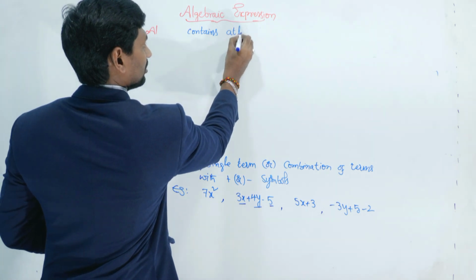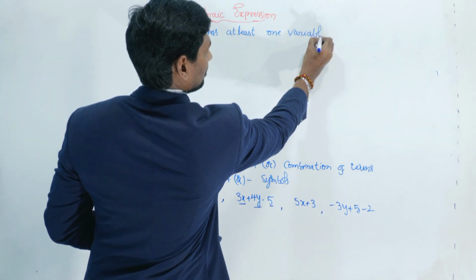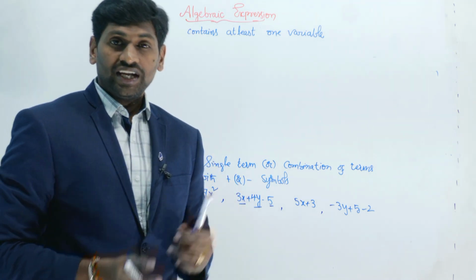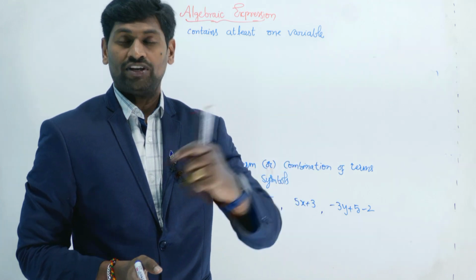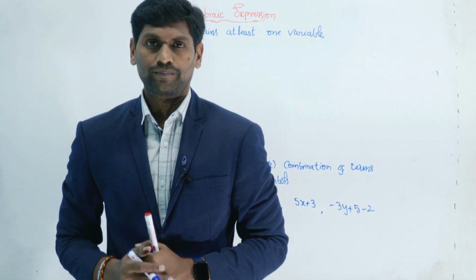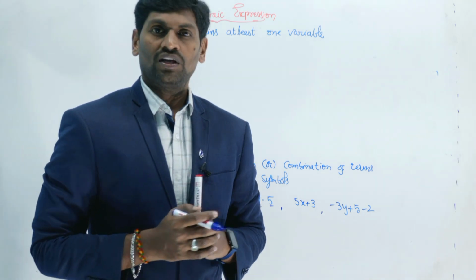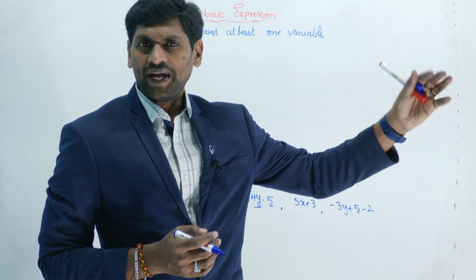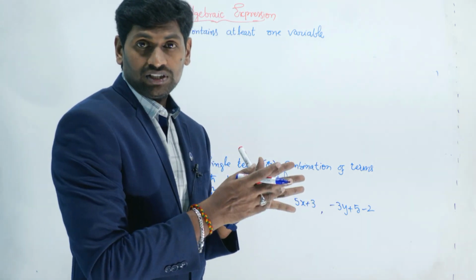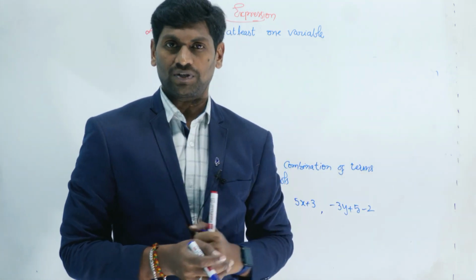That means if in an expression there is no variable and all are numbers only, then we say it is a numerical expression. But if somewhere you identify a variable, that means there is a presence of a variable, so we can say that the entire expression is an algebraic expression.